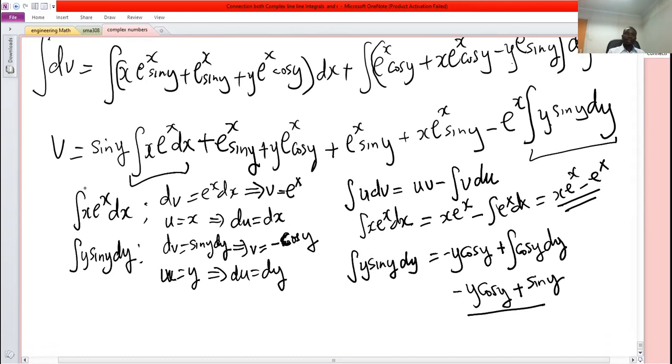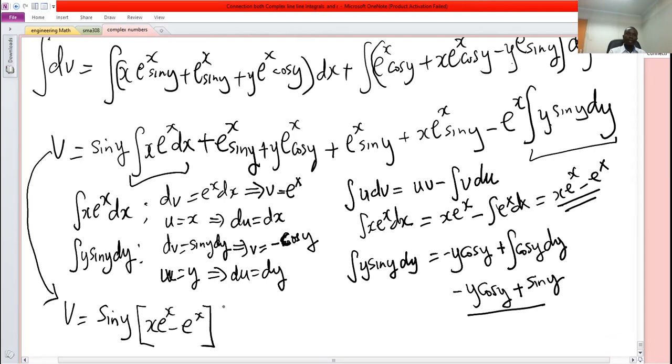So therefore, this means that our v will be sine of y into, where is this integral we write, x e raised power x minus e raised power x plus, so this and this will give us 2 e raised power x sine y.